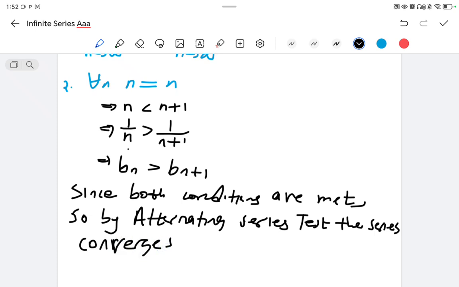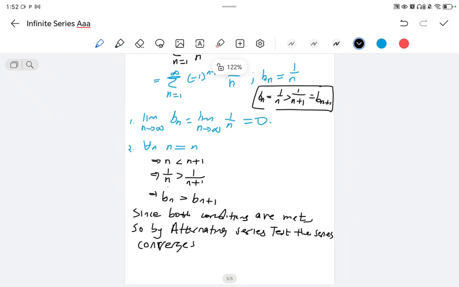You see, right? So now we know that by alternating series, this will converge.